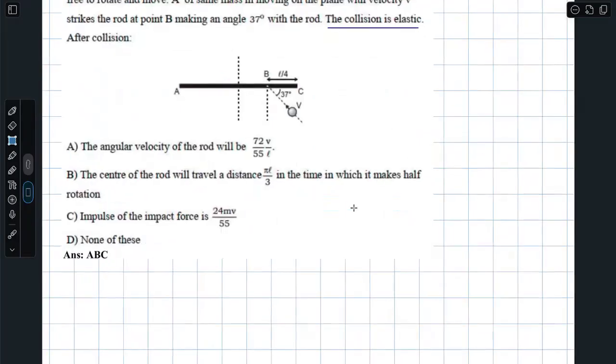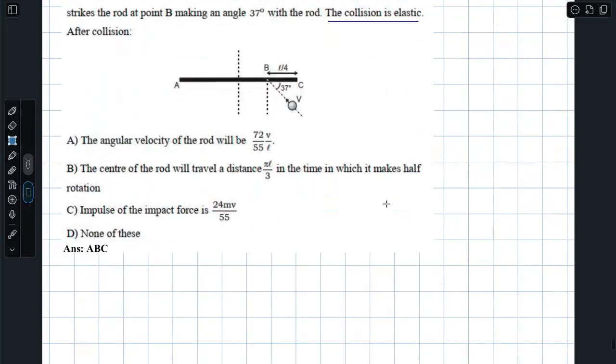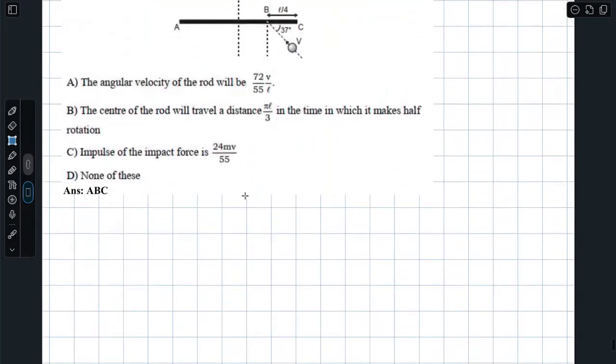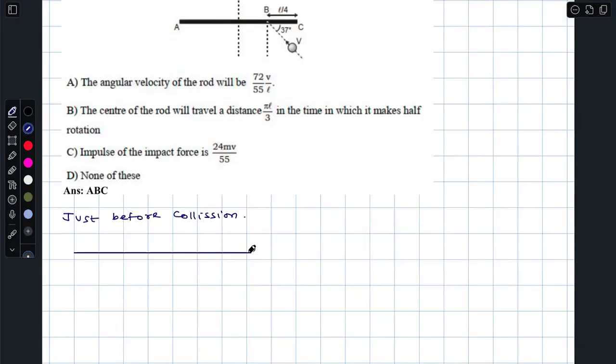Now what is happening? Just before collision, this is the point B. It will have two components.